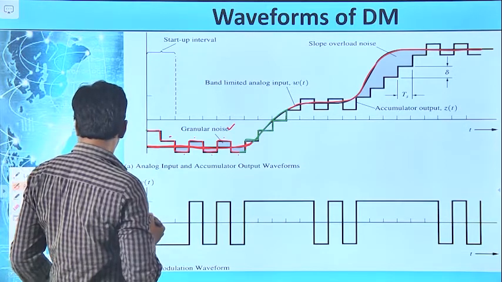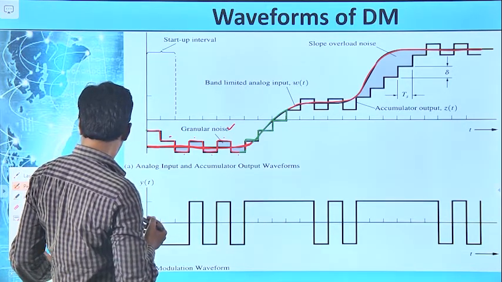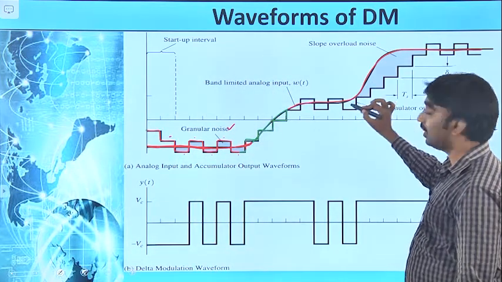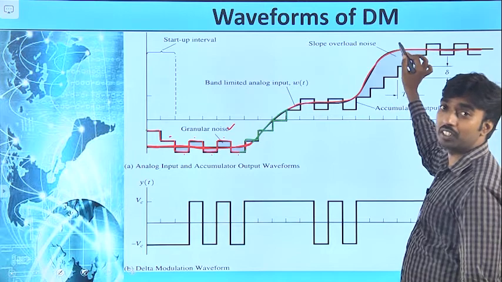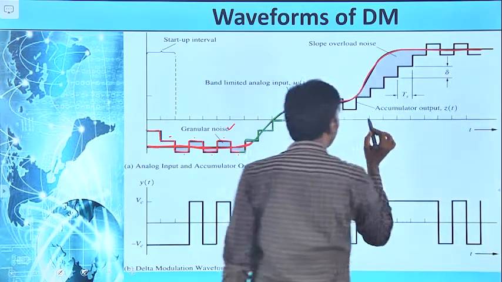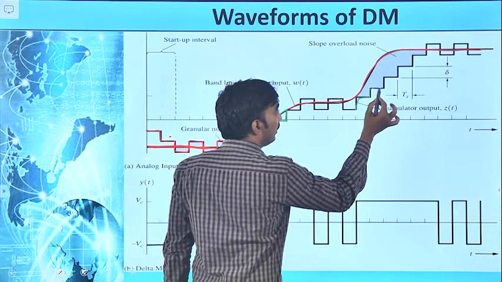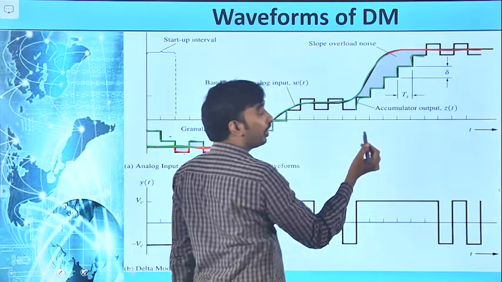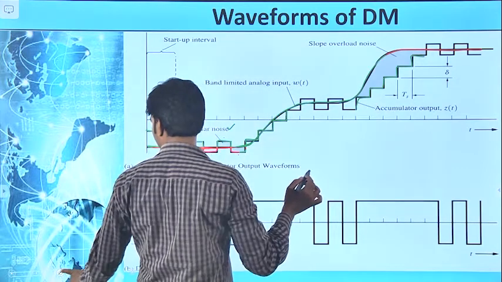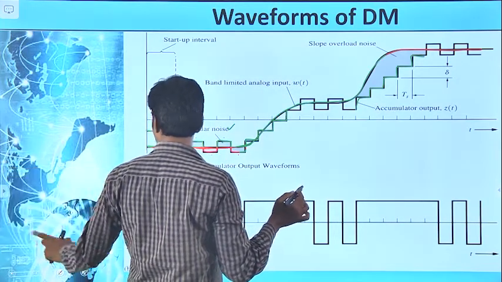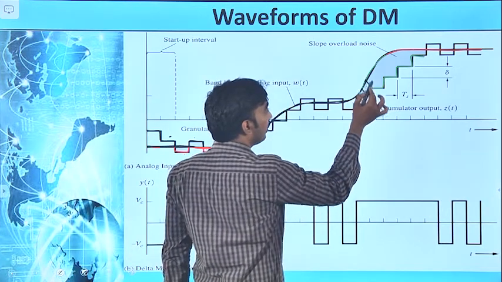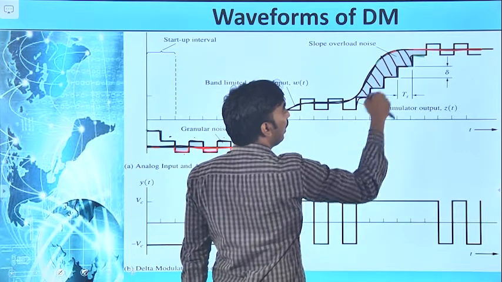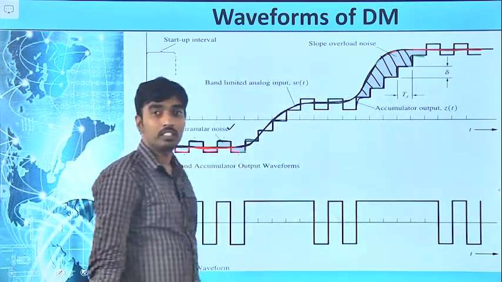And when you come here, where the slope of the input signal is high and the step size is low, right? The step size is low. Because of that, there is a deviation between the input signal and the staircase signal.